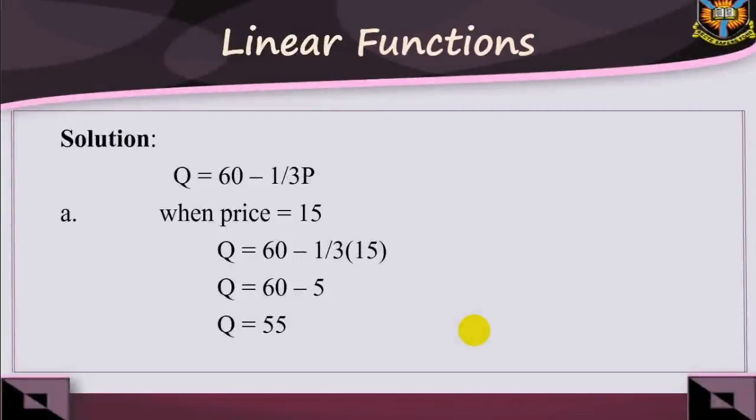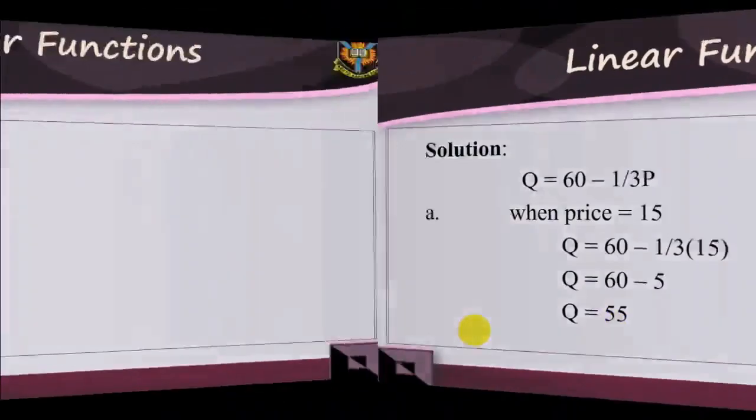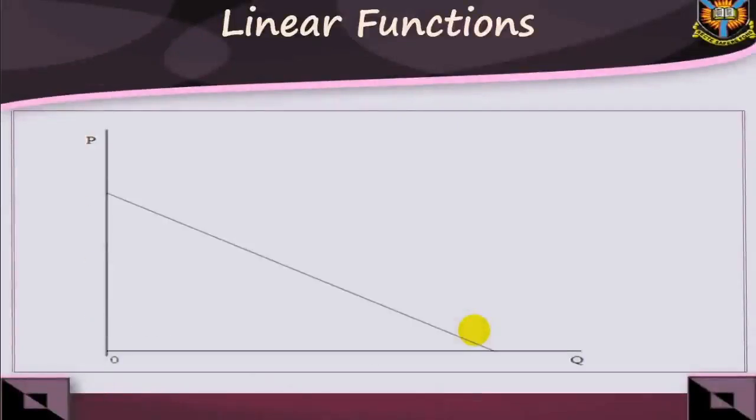Q equals 60 minus 5. Q equals 55. When price equals 105, Q equals 60 minus 1 over 3 of 105. Q equals 60 minus 35. Q equals 25.